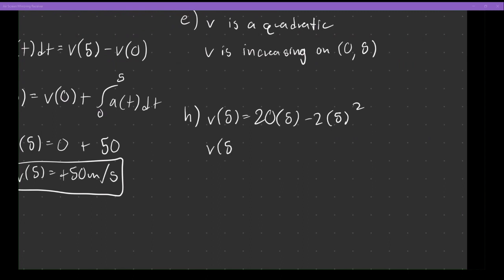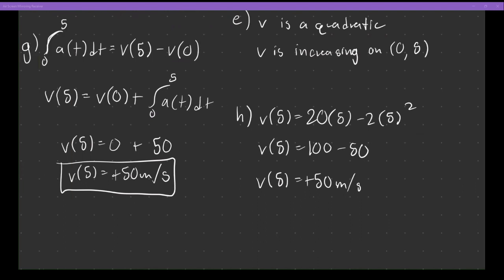So v of 5 equals 100 minus 5 squared is 25, 2 times 25 is 50. So v of 5 is equal to 50 meters per second. Positive. And yeah, it's the exact same thing.